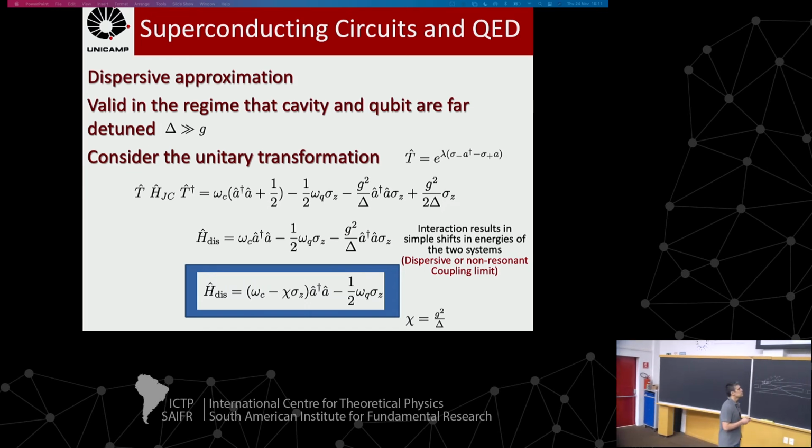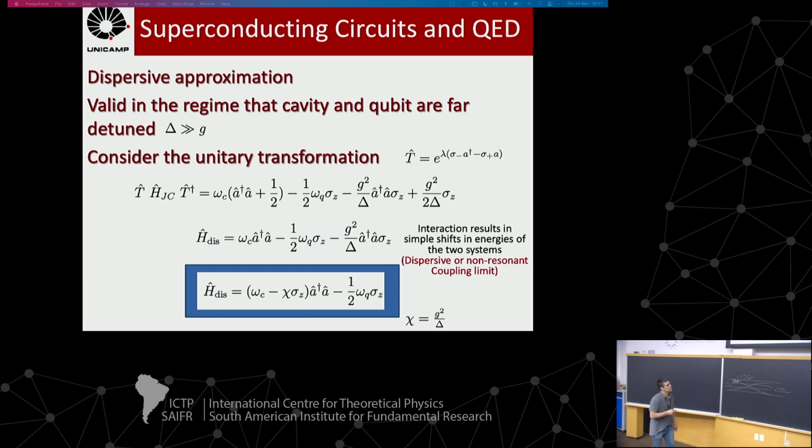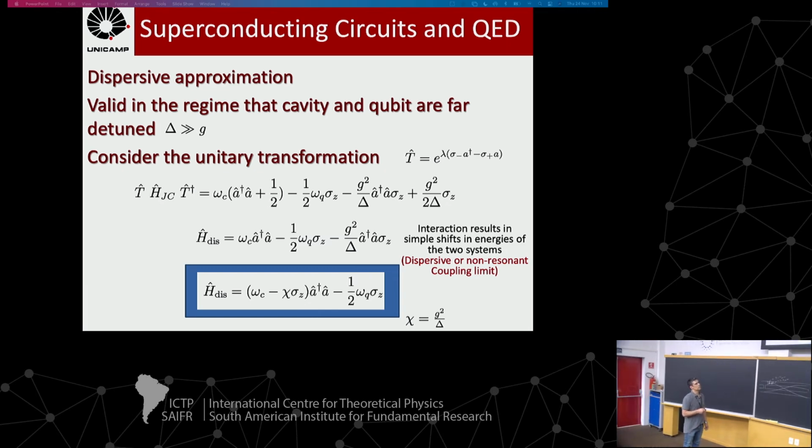So the frequency of resonance of the cavity will be modified by this term. Every time you put the qubit, for example, in the excited state, the total frequency, omega C minus chi, you'll be subtracting this term chi from omega C. So you are shifting the frequency of the cavity.